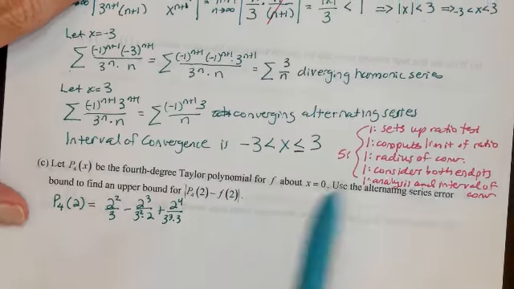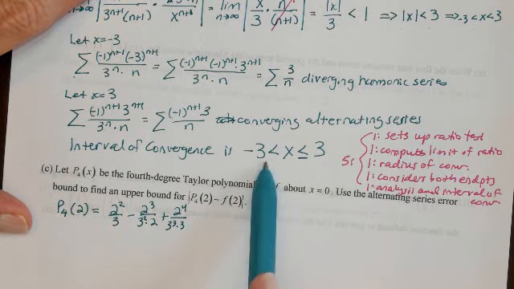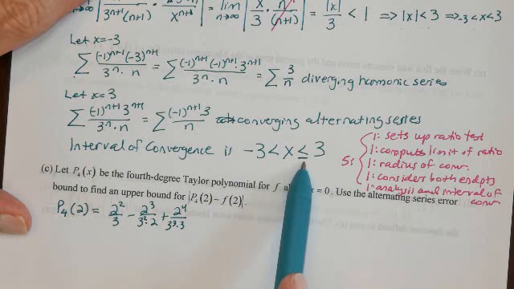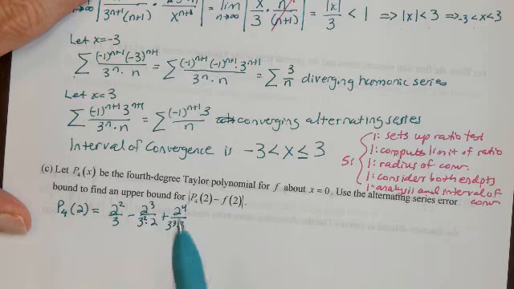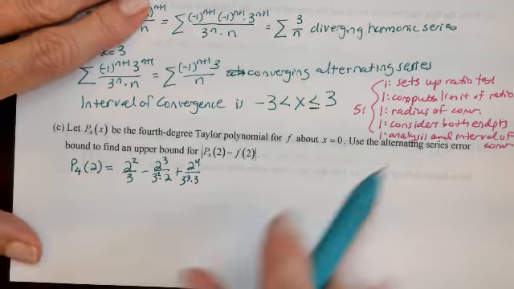Keeping in mind, you guys, that 2 is in our interval of convergence, right? So this does converge, so it is decreasing in magnitude to 0.